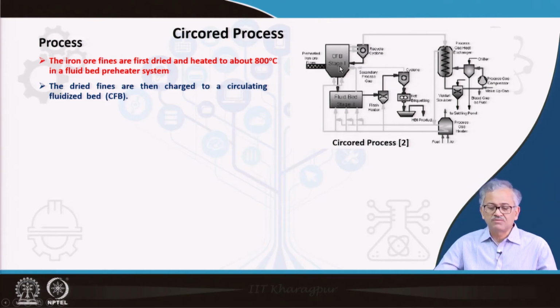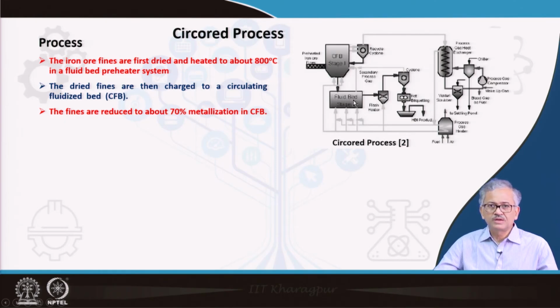So the fluid bed reactor basically operates at a very high speed, and the solid comes through it, and again it is discharged from the bottom. So unreacted solid is put in a cycle so that it can finally get reduced. And CFB operation is of very short time, 15 to 20 minutes, such that you can get a metallization of around 70%, and then that is fed into a static fluidized bed.